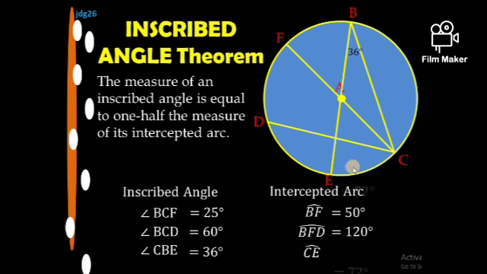So, 36 times 2. So, we have arc CE measures 72 degrees. Para kung halimbawa na ang given ay arc CE, tingnan natin sa theorem, kalahati daw nito ay equal sa measure ng inscribed angle. So, 72 divided by 2 or 1/2 of 72 is 36 degrees, which is correct.